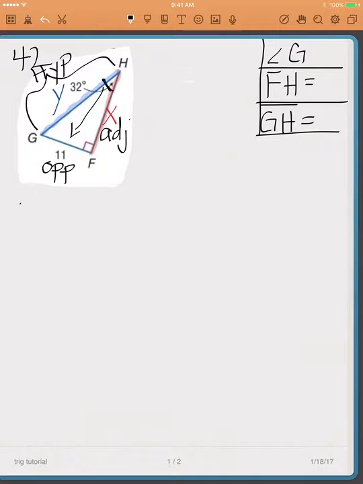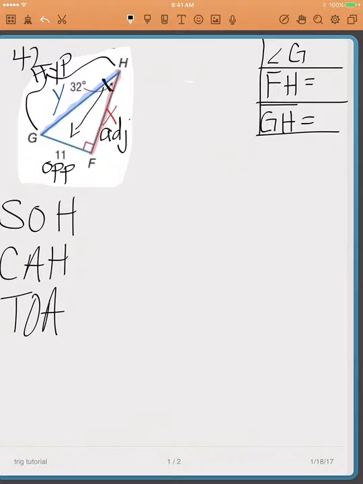If you don't remember, you're going to use SOHCAHTOA. I want opposite and adjacent. That's tangent. So I know that tangent of my angle, 32 degrees, is equal to the opposite, 11, over the adjacent, which is x.